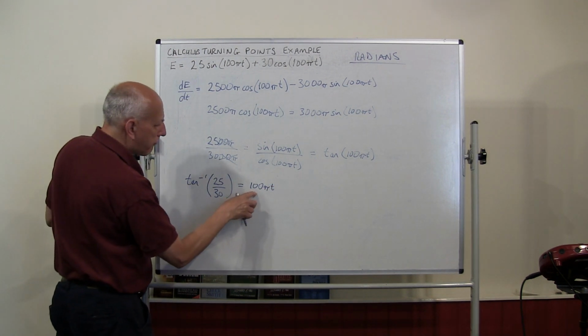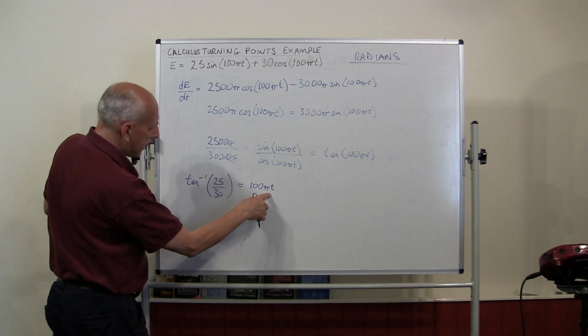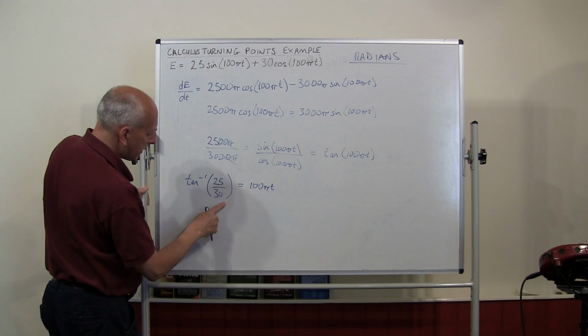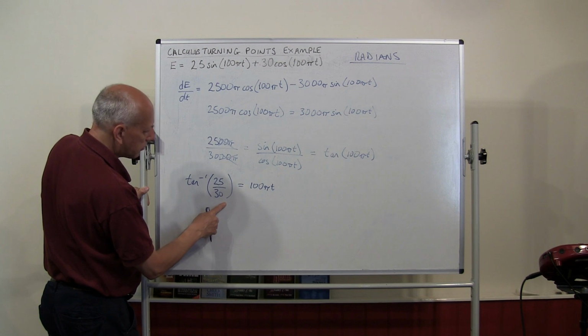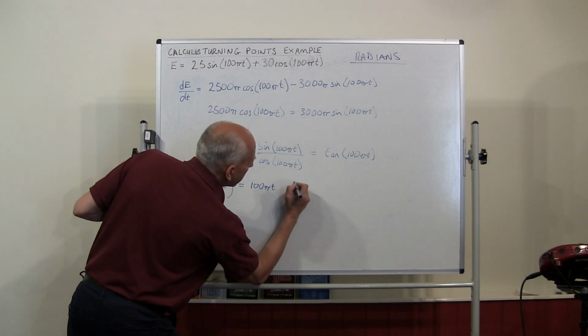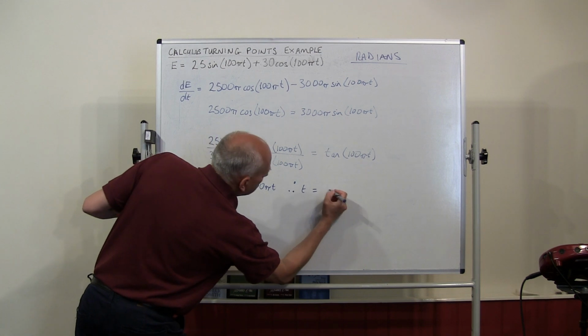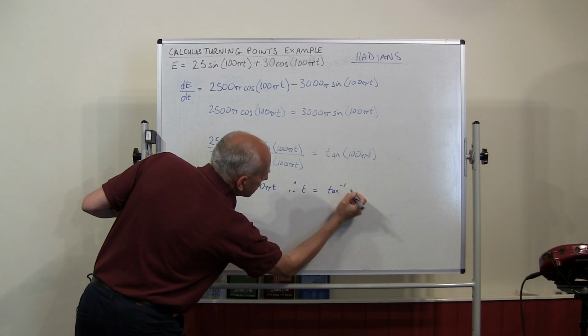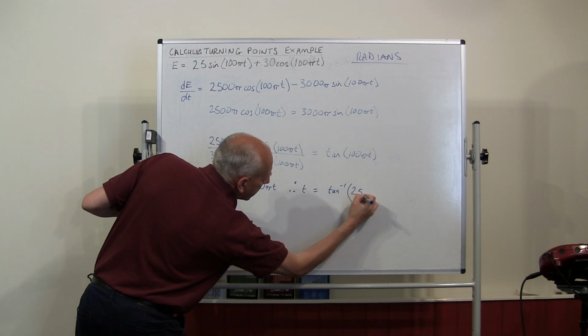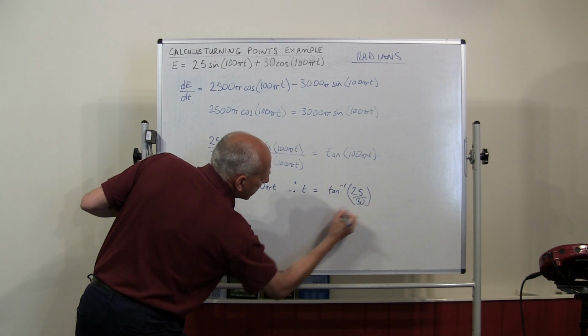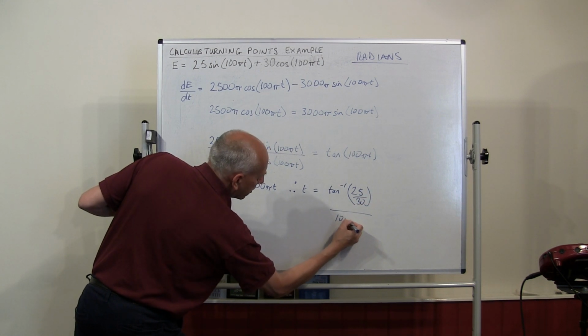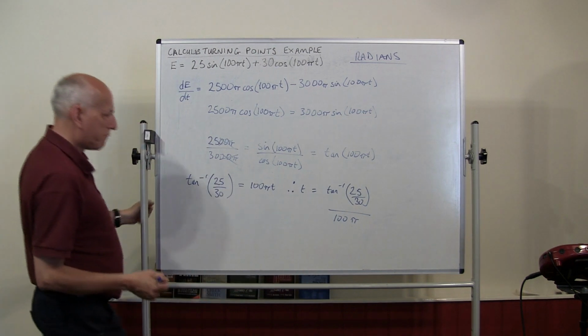So if I divide through by 100 pi, I will have t equals this divided by 100 pi. Will I not? Let's put that up here. Therefore, t equals inverse of tan of 25 over 30 divided by 100 pi.